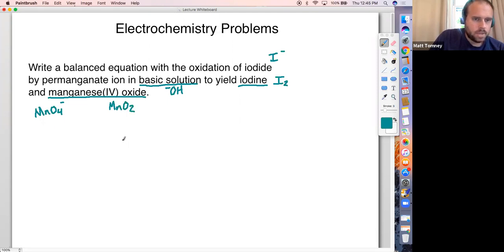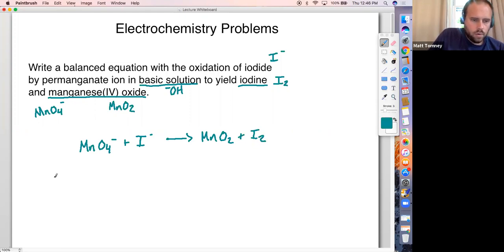If we take a look at all of this and put it into a basic unbalanced equation, it's going to be MnO4 minus plus I minus yields the manganese oxide plus iodine.